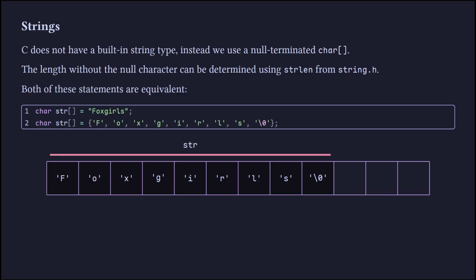Now, we need that null byte at the end, because in a lot of cases, we're passing strings that aren't going to have a compile time known length, and a lot of the operations we're doing with strings are often performed in the context of using pointers instead of a statically allocated array that we're passing around.